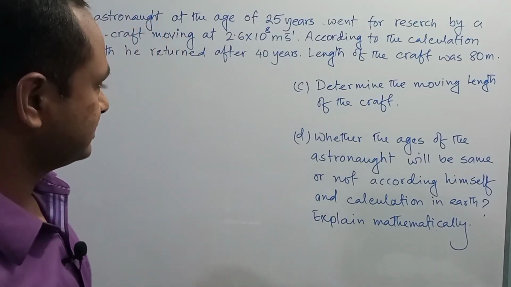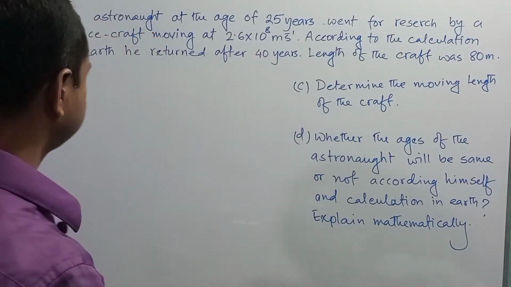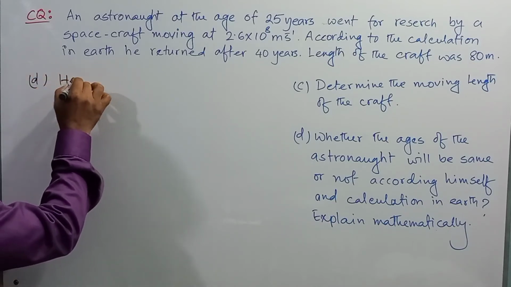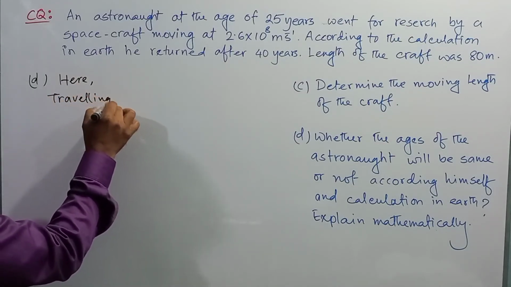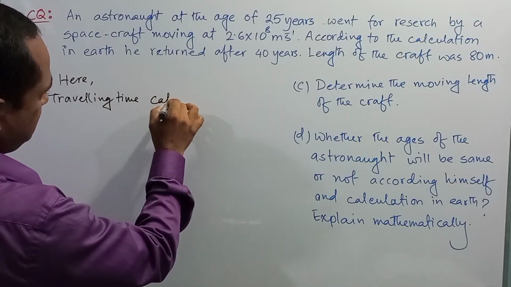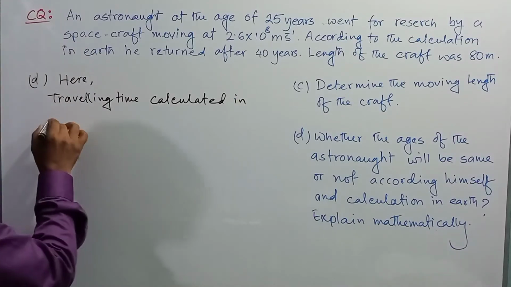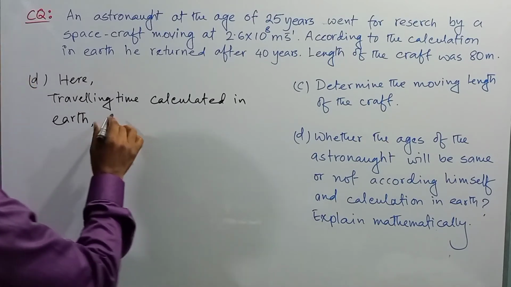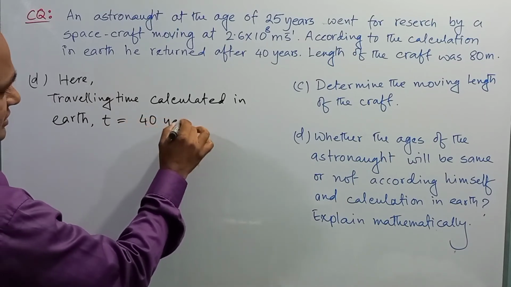So dear student, here the traveling time calculated on Earth, which is denoted by T, is T equal to 40 years.